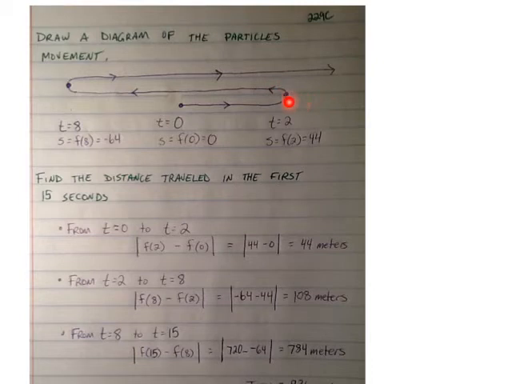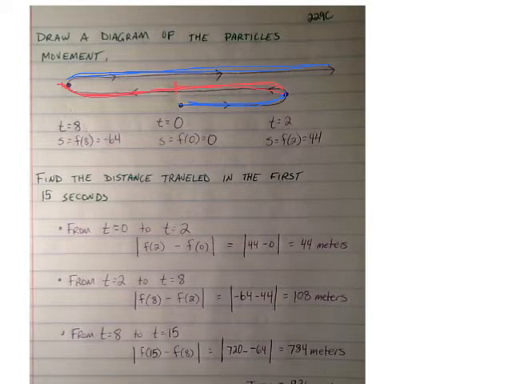At time 2 it gives us a position of 44, so from here to here it traveled 44 meters. And then at time 8 it's at negative 64, so from time 2 to 8 it traveled the 44 meters to get back to the start point, and then continued on to negative 64 meters. So a total of 108 meters backwards, and then it changed directions to go forward again.